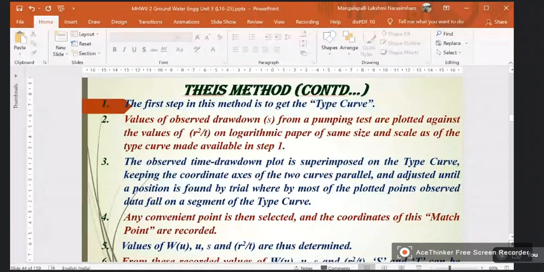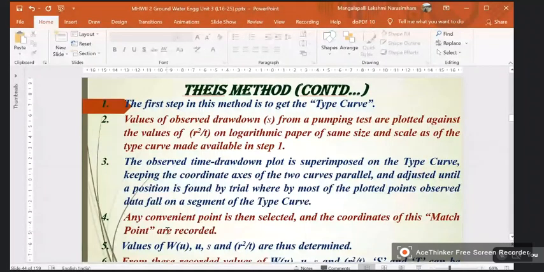So we assume that a type curve is available for a particular size and scale. Now we use the same size and same scale for plotting the data of small s measured at any distance r for various times small t.